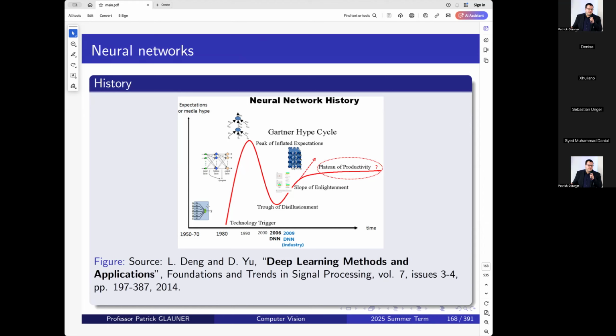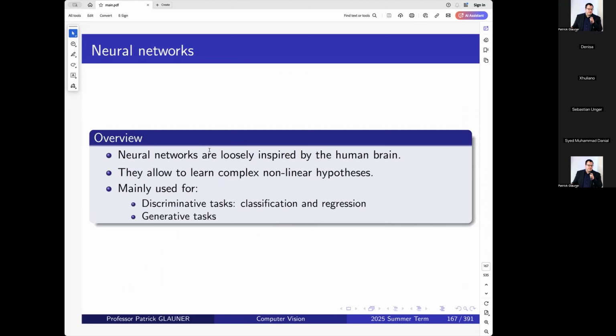But it turned out, this was then understood probably in the 70s, that if you have not just one perceptron, but many of them, and you combine them, so that you have layers of perceptrons and multiple layers of perceptrons, and you interconnect them, then this actually tends to become very powerful and can learn very complex hypotheses.